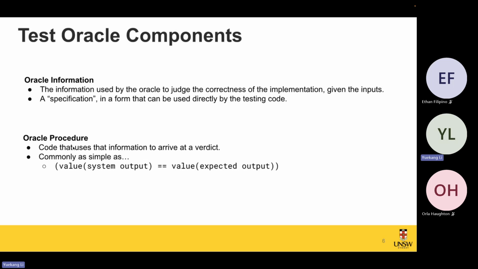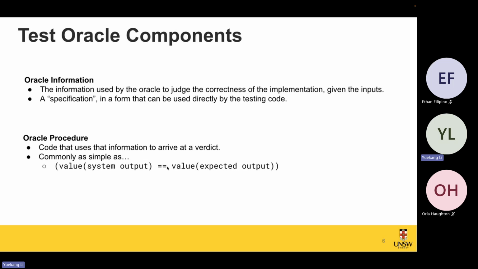The second component is the oracle procedure. The oracle procedure is how we validate this expected behavior against the actual behavior we observed from the test input. This oracle procedure could be very straightforward, right? It could be as easy as just an equality check.